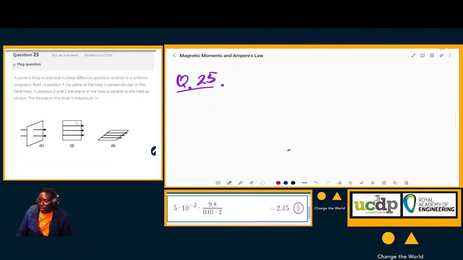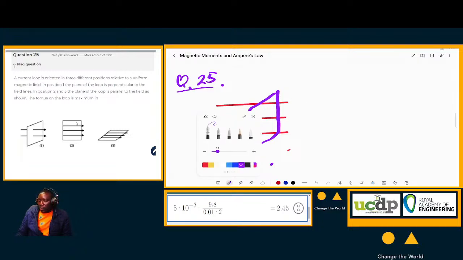which is position 1, you have your field. So that's the field, and we have a loop, like that. And the field is passing through that loop perpendicular to it.